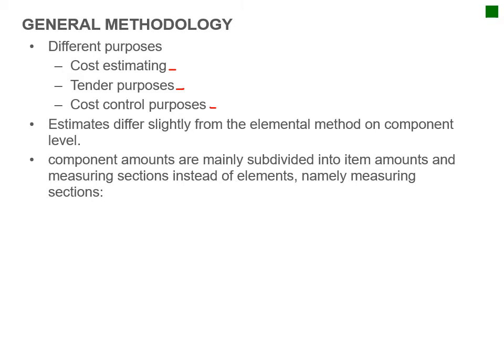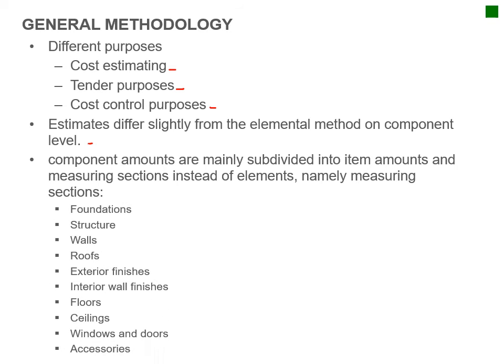It can be used for cost purposes. Estimation differs slightly from the elemental method on component level, in the sense that not all information is measured into exact detail. Okay, so the component amounts are mainly subdivided into item amounts and measured sections instead of elements, namely measurement sections.